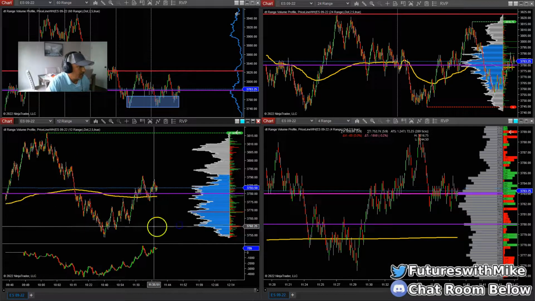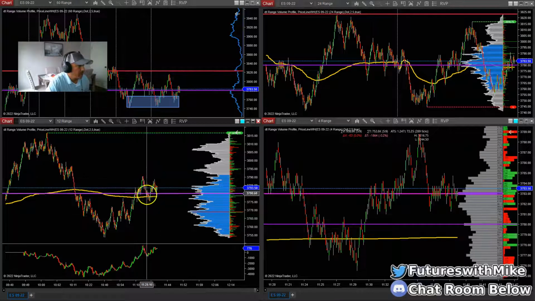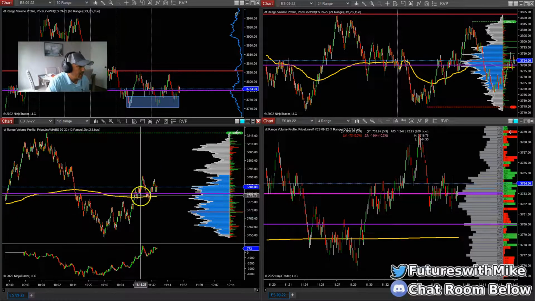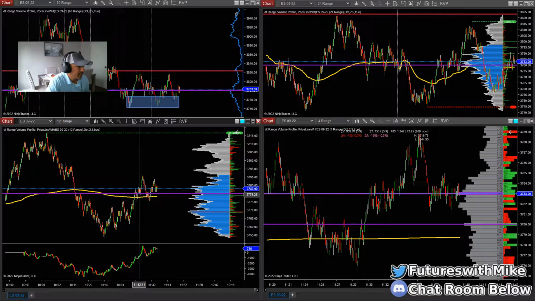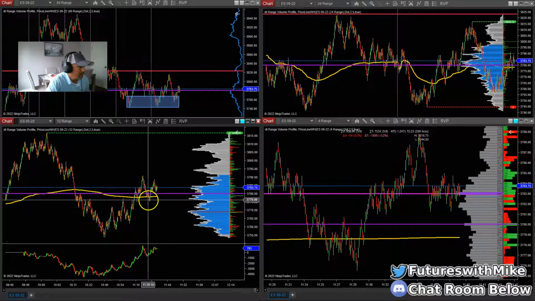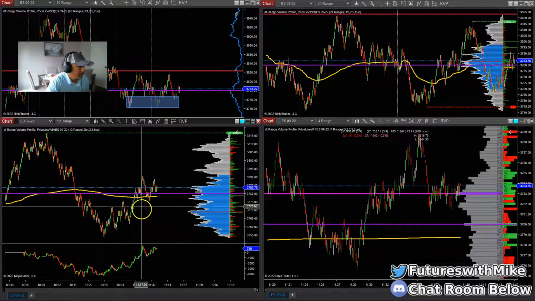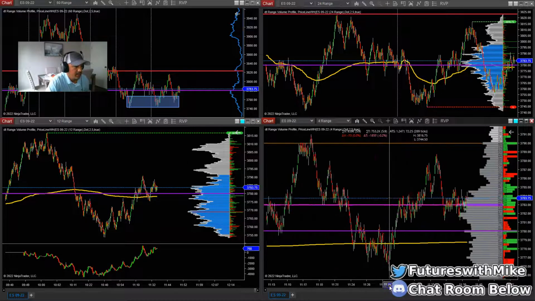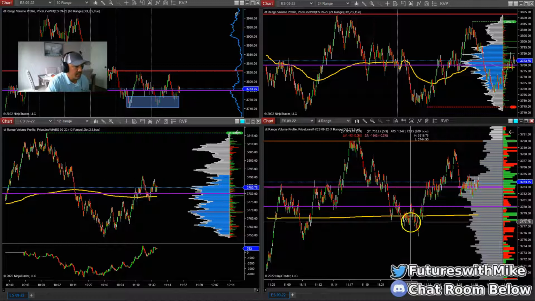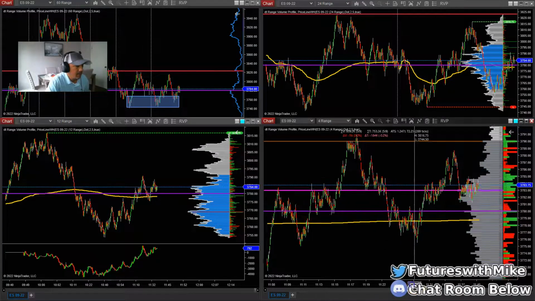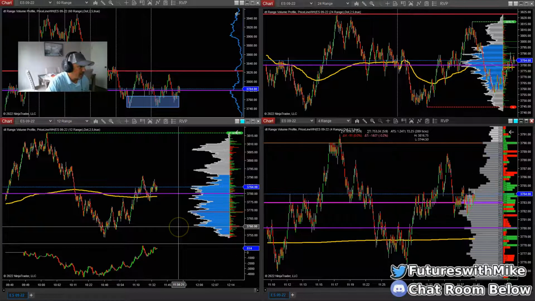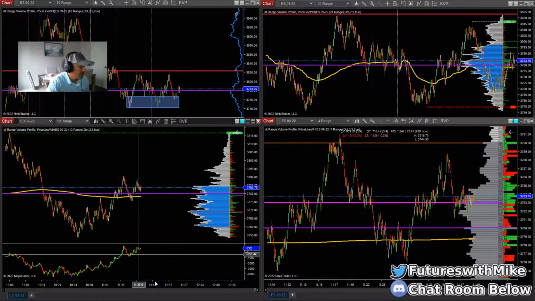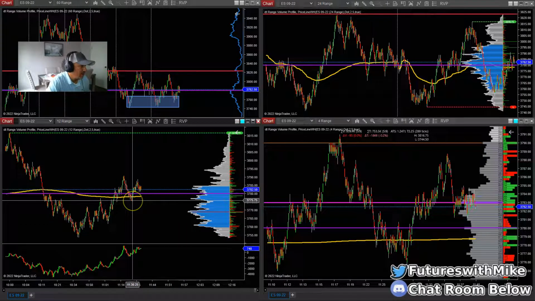You can see on the 12 range, market pushed up, made a high here, pulled back, testing pretty much this area where it has the purple line, rejecting it, but it's too close to the VPOC, and pushed back up, testing the high right here. So this right here was a decent entry to go long on. Definitely, if you're looking at the 12 range and you took the trade on the pullback here.